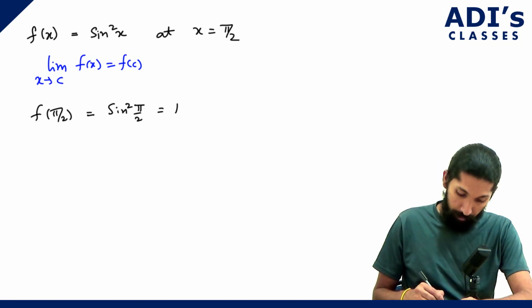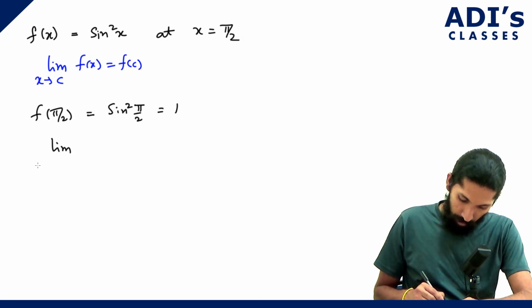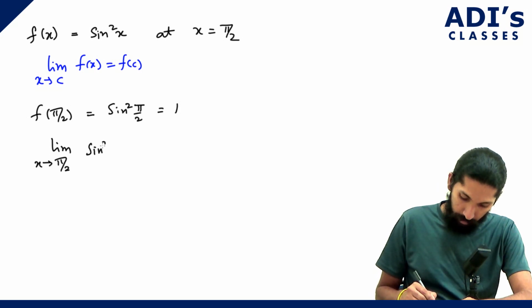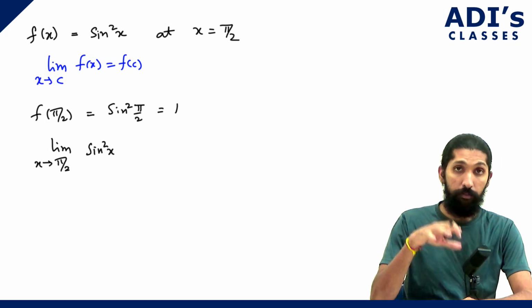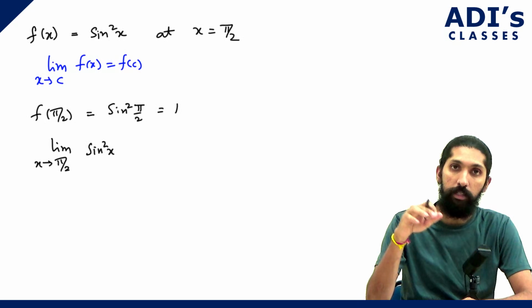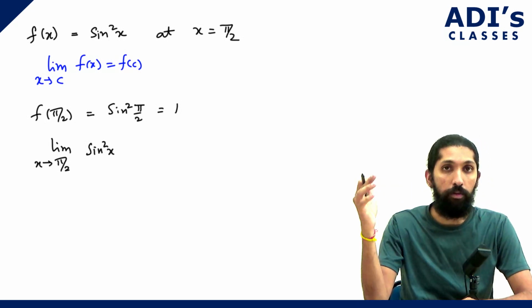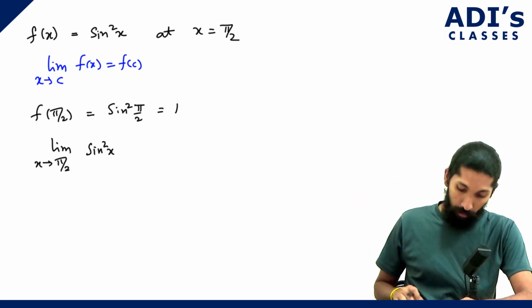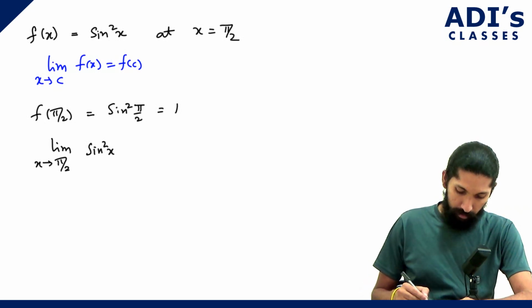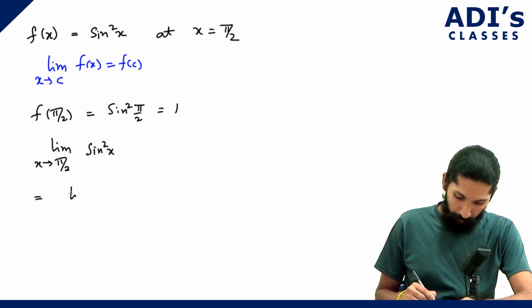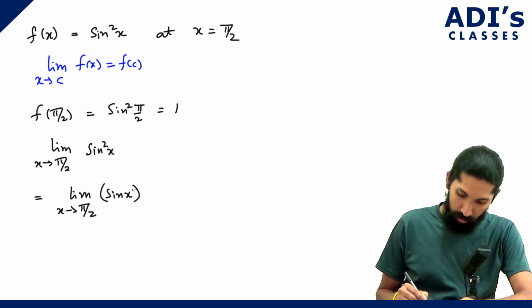Now what you do, limit as x tending to pi by 2 of sine square x. If this value is 1, then we can say that it is continuous at x is equal to pi by 2, isn't it? Now, how do we solve this one? It's going to be very easy. You can write this as limit as x tending to pi by 2 of sine x whole square.